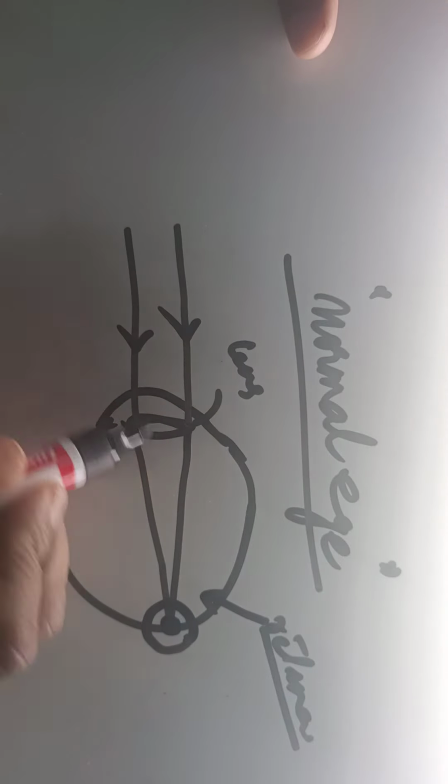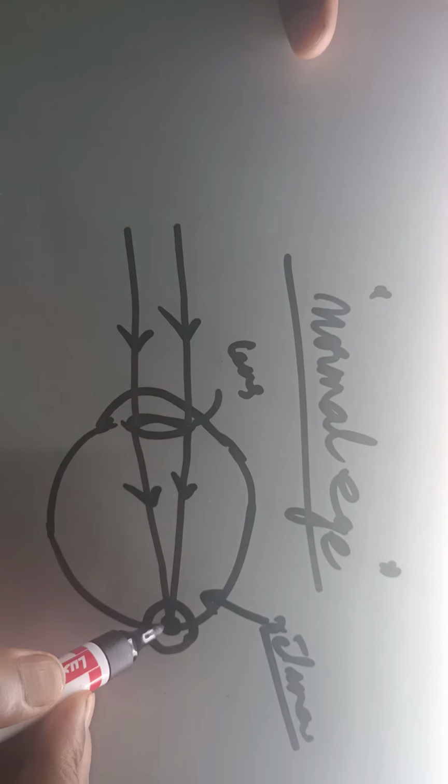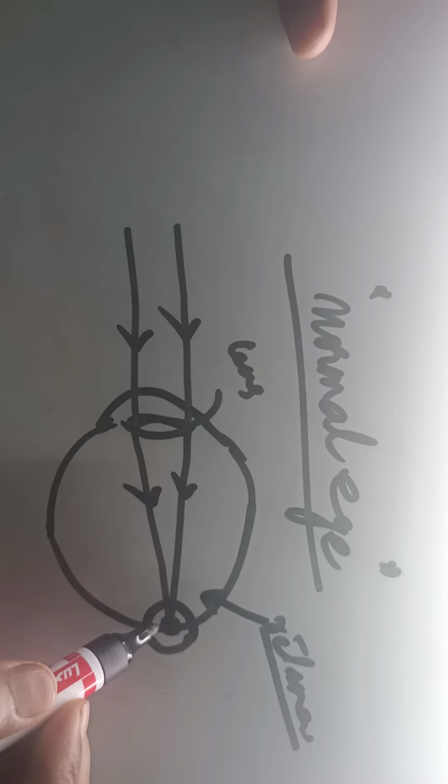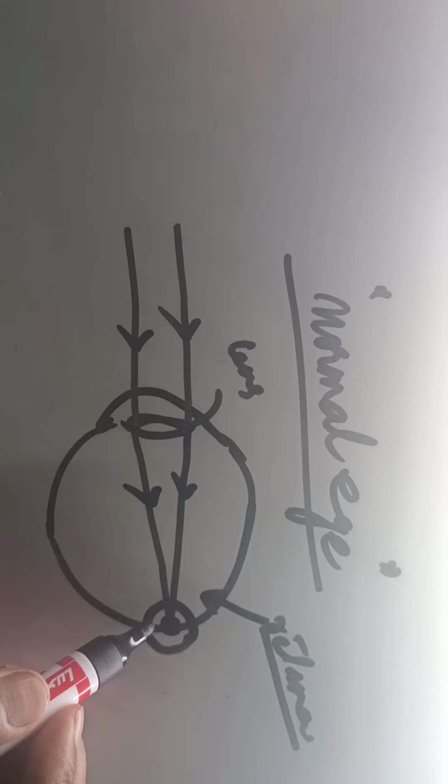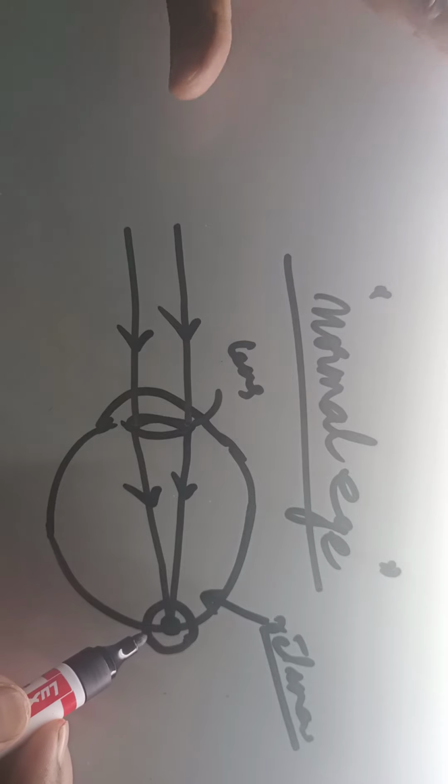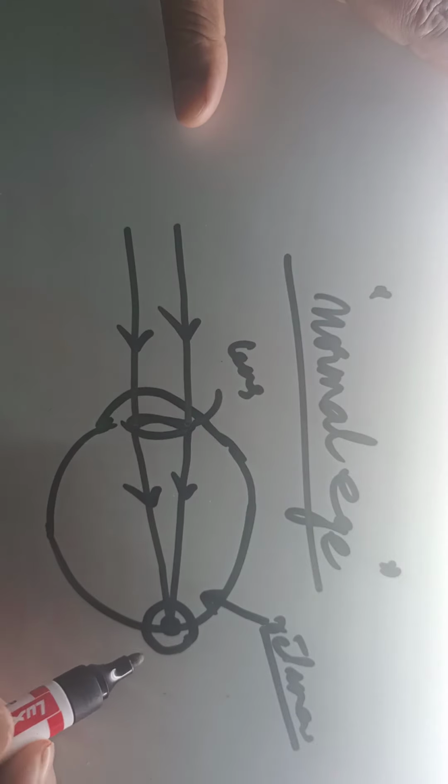In case of a normal eye, the rays of light meet on the retina, and this is very important. If the rays of light from the object meet on the retina, it means that eye is normal and the person will have no problem in seeing far away objects or nearby objects clearly.